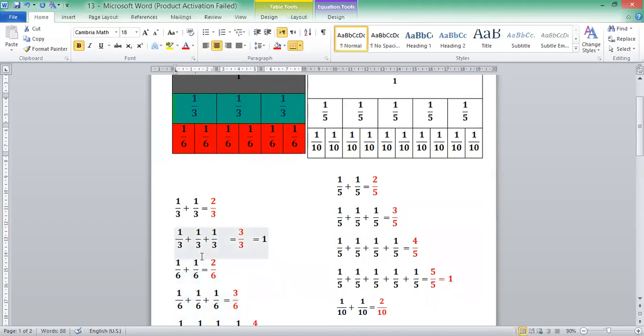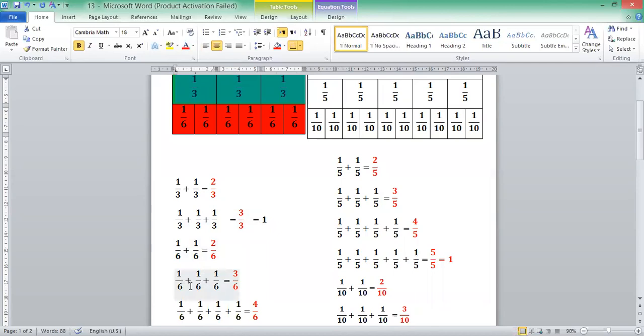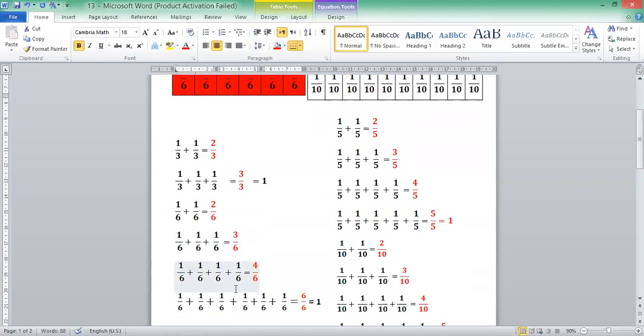If we want to add 1/6 plus 1/6, that is equal to 2/6. 1/6 plus 1/6 plus 1/6 is equal to 3/6. Similarly, when we add 1/6 four times, just count the numerators. 1 plus 1, 2, 2 plus 1, 3, 3 plus 1, 4, 4/6.